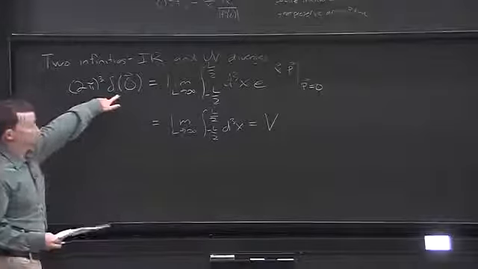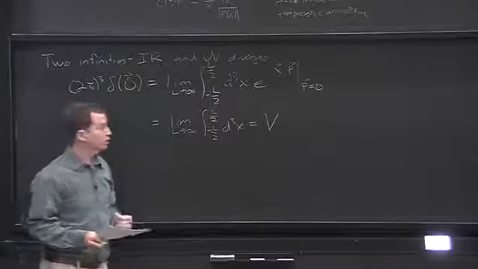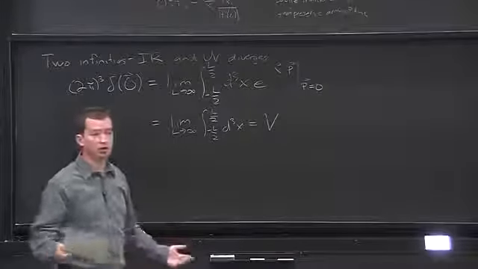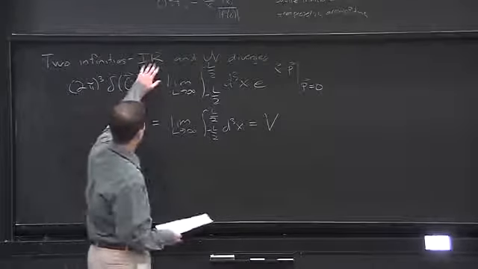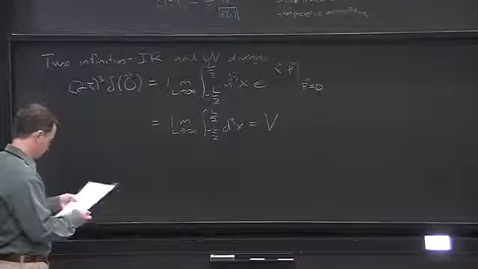So this delta, up to some factors of 2π, just delta of 0, one of the divergences just comes from the fact that space is infinite. This is an IR divergence, a long wavelength or low energy.